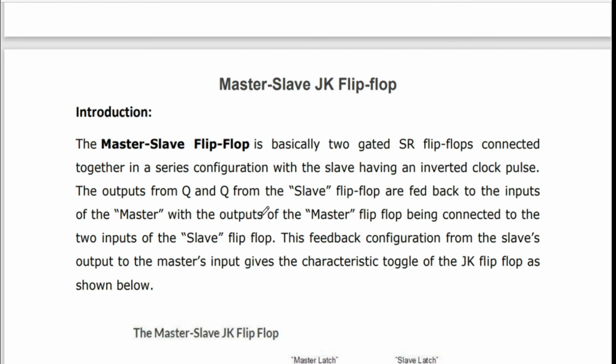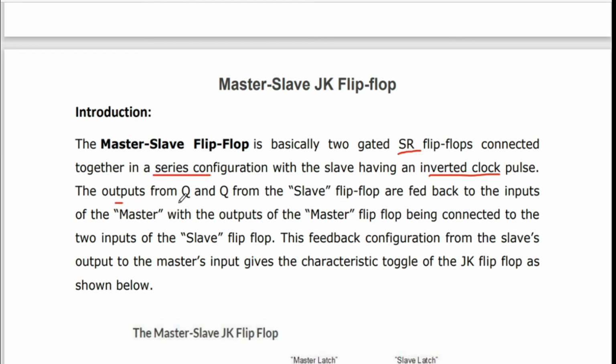The master slave flip-flop is basically two gated SR flip-flops. We have two SR flip-flops connected together in a series configuration, with the slave having an inverted clock pulse. The slave will be working on a negative clock pulse, or an inverted clock pulse, whereas the master will be performing on the positive clock pulse.